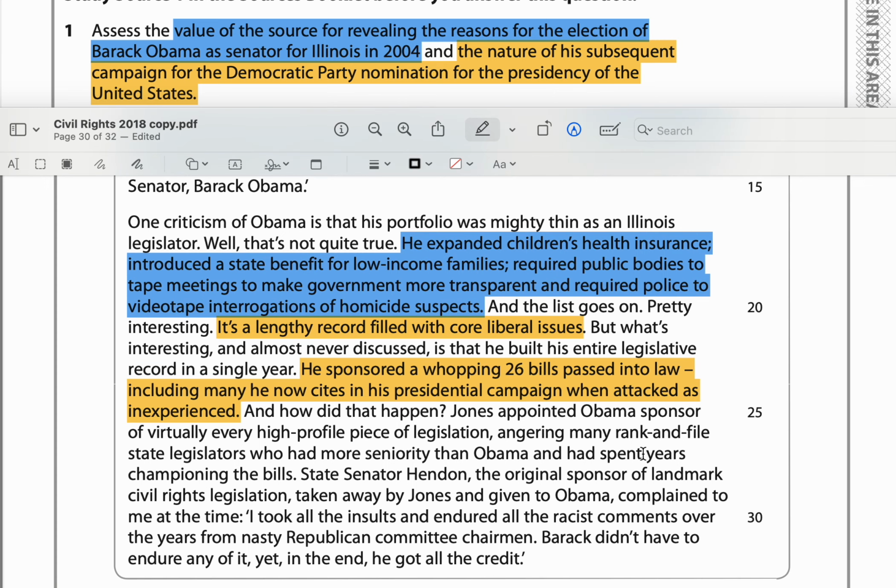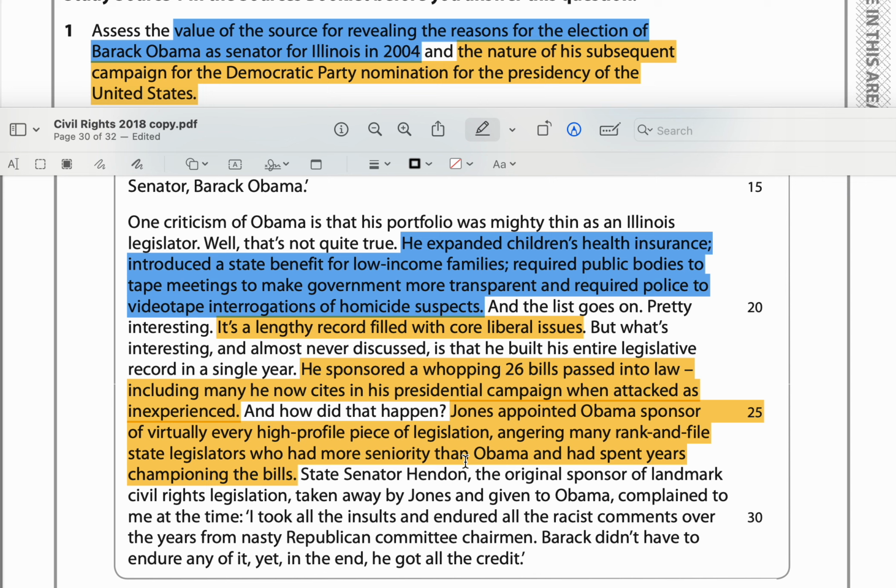Okay. And then again, I think the Todd Spivak is talking about how Obama had help from Emil Jones, and actually Jones is really supporting Obama over others, and really helps Obama get ahead in his political career. So Jones appointed Obama sponsor of every high-profile piece of legislation, angering many rank-and-file state legislators that had more seniority and had spent years championing the bills.